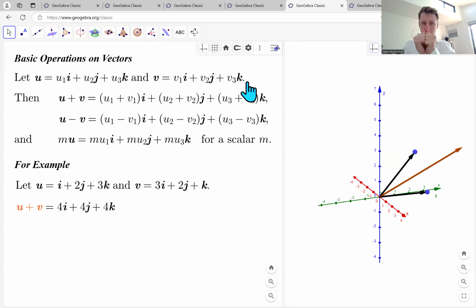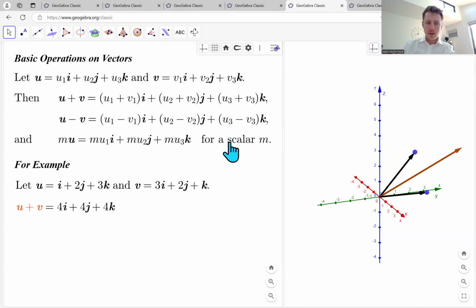If we needed to add those vectors together, you just add the coefficients of the respective unit vectors. So if you were to do vector u plus vector v, you would just add u1 plus v1, and then multiply by the component vector, the unit vector i, which is the unit vector in the x direction. Similarly, if you needed to do vector u minus vector v, you just subtract the coefficients for each term.